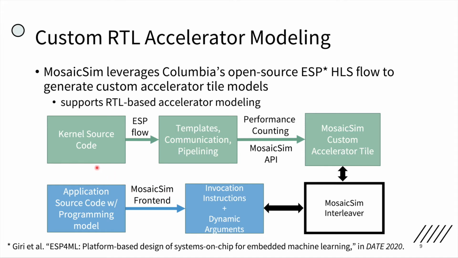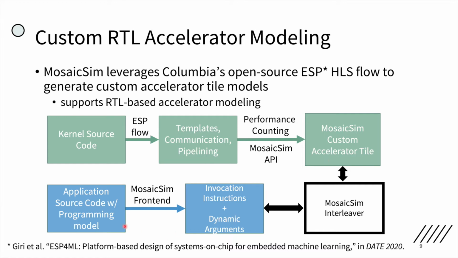The kernel source code is passed through the ESP flow, which provides accelerator templates that are augmented with communication and automatic pipelining for efficient execution. These templates are then instrumented with performance counting code that estimates cycles based on the dimension of arguments. Finally, MosaicSim's API is wrapped around the templates to produce the custom accelerator tile, which effectively becomes a closed-form performance model.